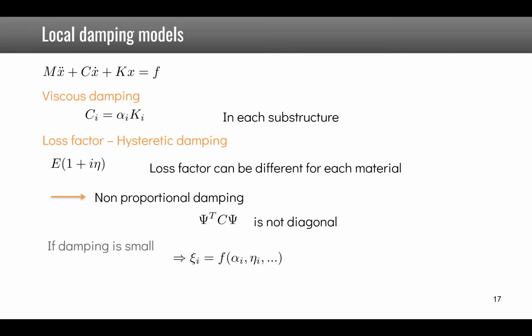But if you assume small damping, you can use a modal damping model where your xi values will depend on the viscous parameters and the loss factors that you have defined. And you always have to remember that in practice, these values can be identified experimentally or from similar structures.